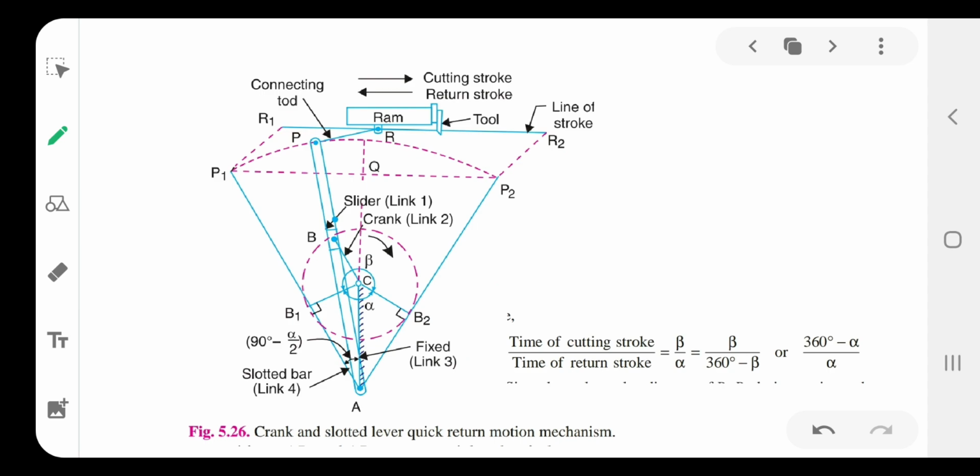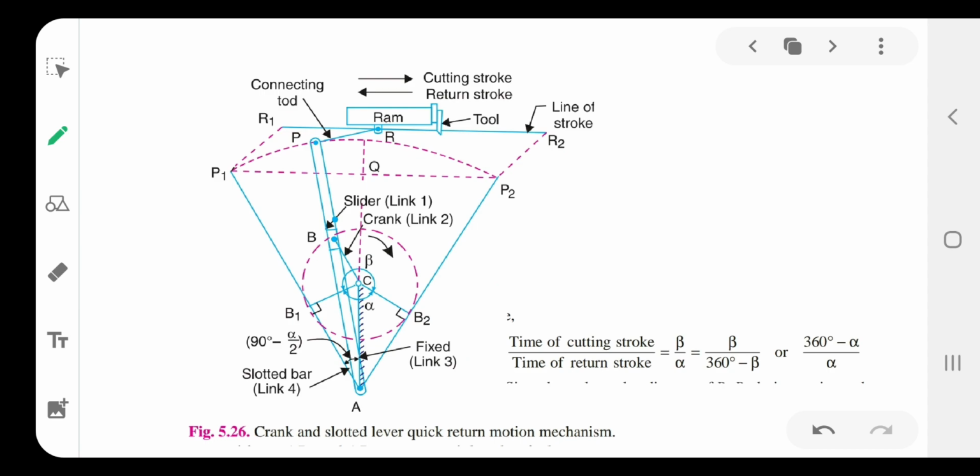the crank and slotted lever quick return mechanism. Look at this mechanism, there are a number of components, such as the slider and the slotted bar. The slider is assembled into the slotted bar. The crank is also there. This is a clockwise or anti-clockwise movement, and quick return motion.